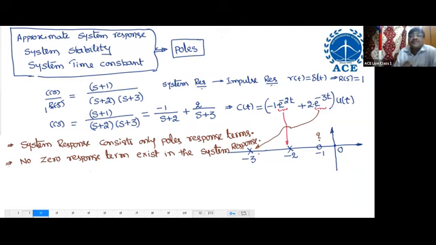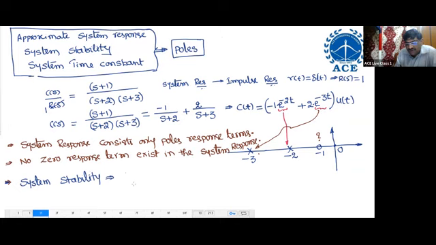Next, system stability. For system stability also consider only poles. How to find system stability? First of all, tell: for system stability, what do you have to do? Anybody?